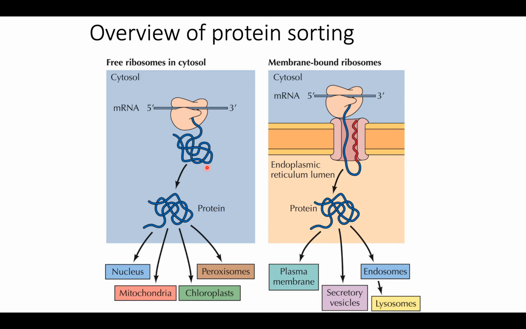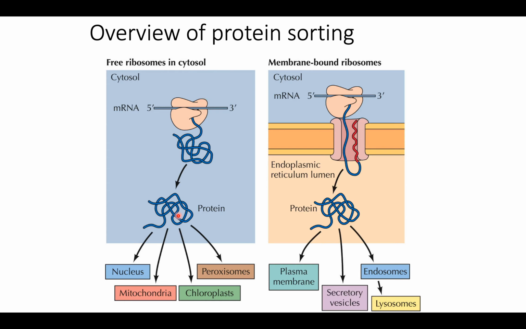Okay. So if we think about where ribosomes are in the cell, we have our lovely ribosomes here. A lot of them are out in the cytosol, but some of them are embedded in the ER, on the membrane of that rough ER. That's why it's called rough ER. So if we're synthesizing proteins in the cytosol, they're going to end up in certain places.